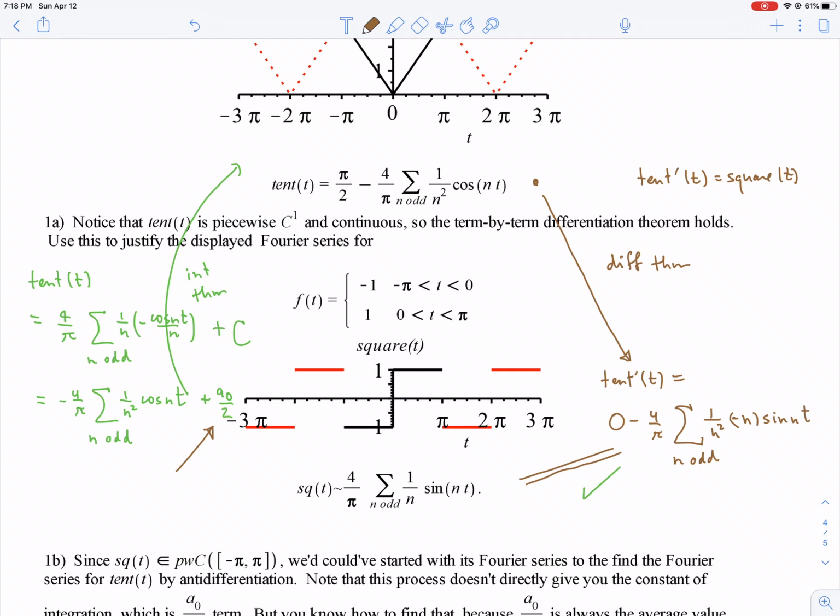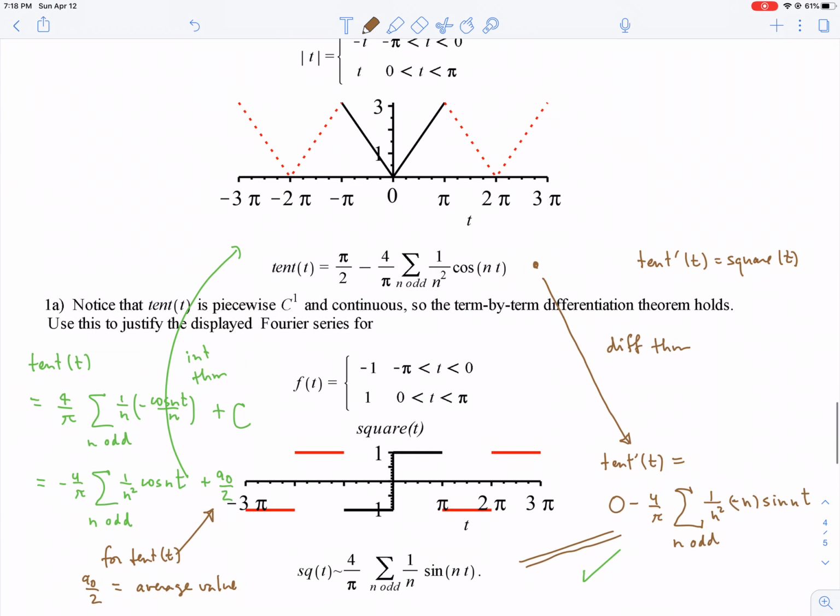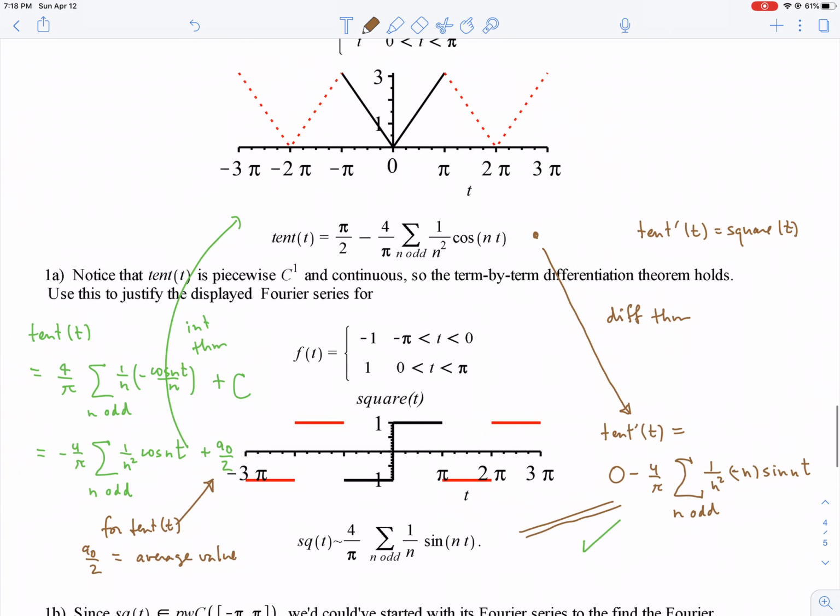For the tent function, it's just the average value, and you can compute the average value by an integral, or you can just look at it. The average value of that function, which varies linearly from 0 to pi, is pi halves.